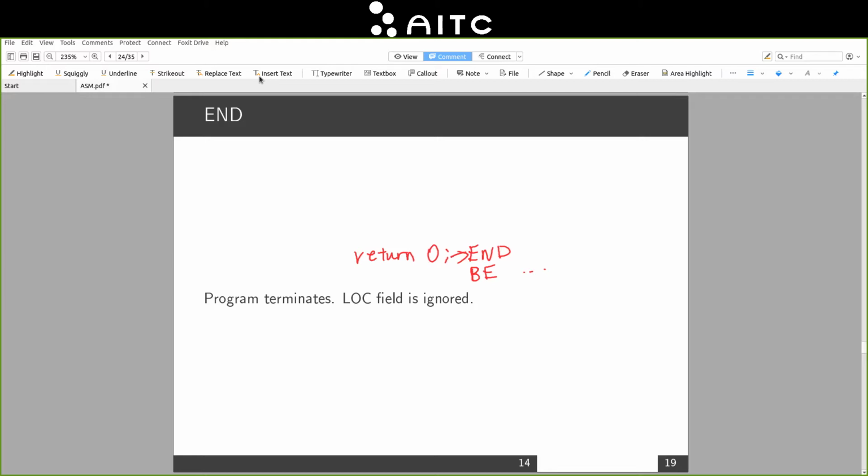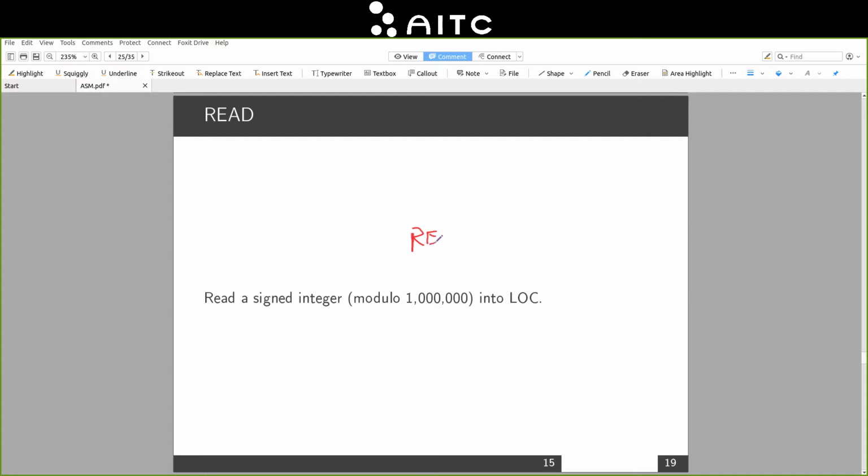Okay. Then read a signed integer into LOC. For example, load 2, store A and read A, then we'll get 2 here because it reads a signed integer into AOC.